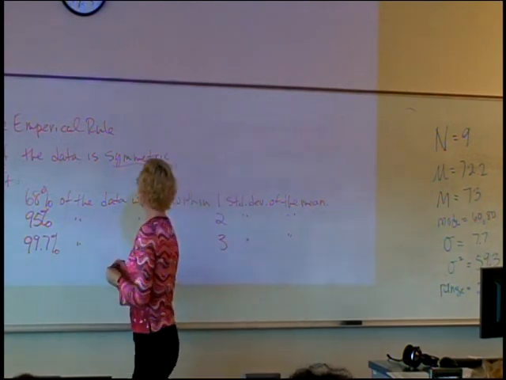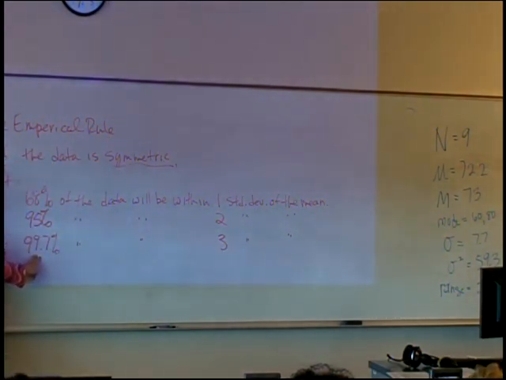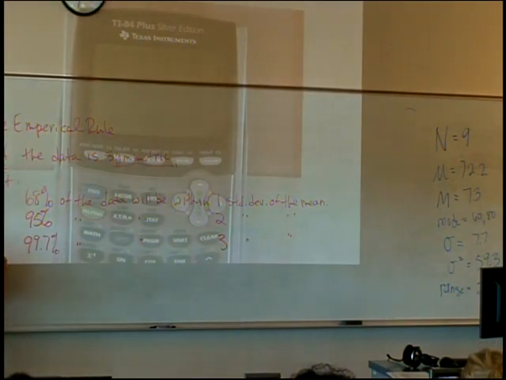Okay, so if you have symmetric data, what's the chances that your data value is more than 3 standard deviations away from the mean? Yeah, it's teeny weeny, right? So that's a really good thing for us to know.